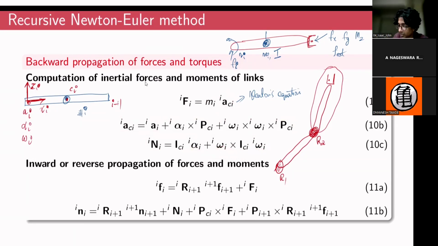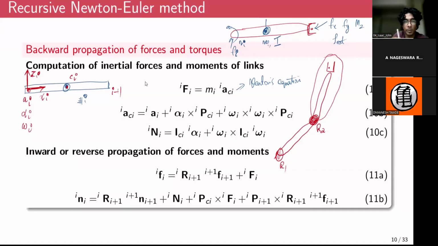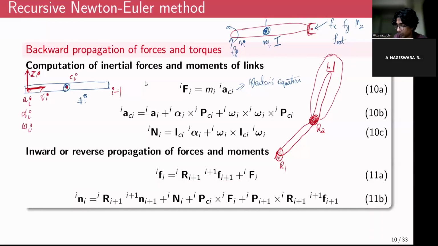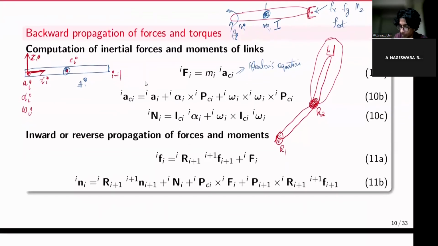And once you obtain all these terms, you do a backward propagation of forces, which is given by this equation, and backward propagation of moments, something like this. So if you consider a rigid body, maybe an ith rigid body, you have the reaction forces and moments at the ith point as Fi and Ni.